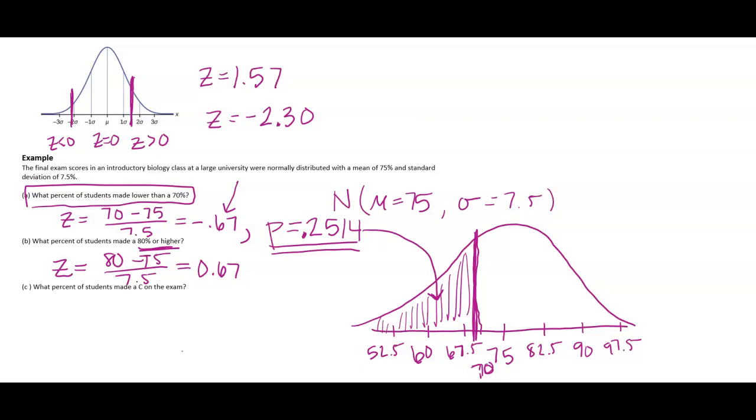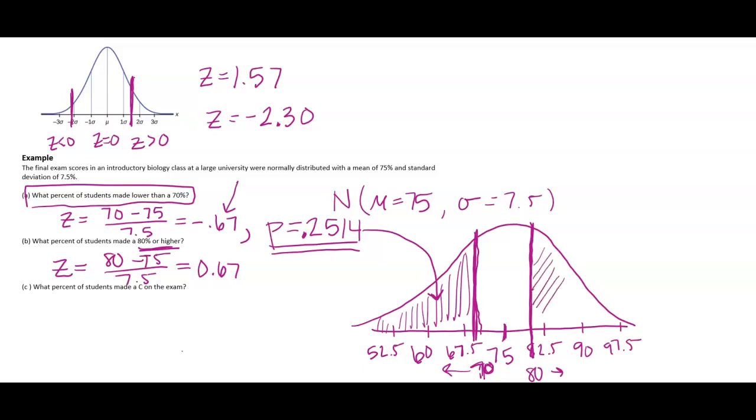So on this distribution, the same proportion of students made a 70 or lower versus an 80 or higher. And that makes sense because 70 and 80 are the same distance from 75.